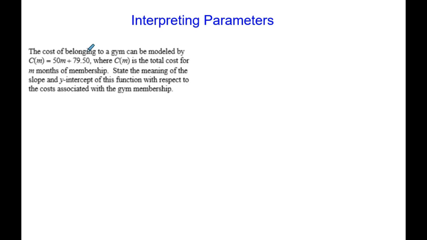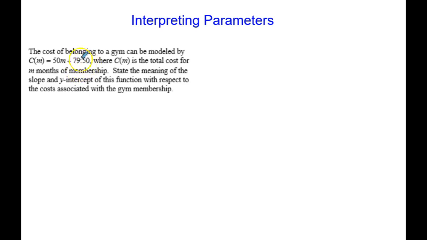So the 79.50 is going to represent a standard fee that you have to pay to go to that gym. It's an initial fee they have just to gain membership into that gym. And then the $50, that's going to be per month. Say you rent a locker there and that's part of that $50 that you have each month to also stay in that gym.